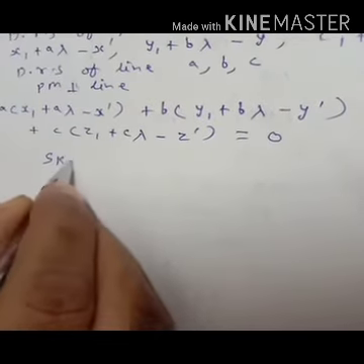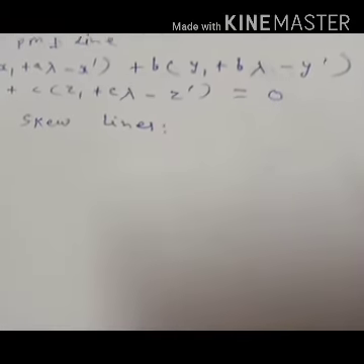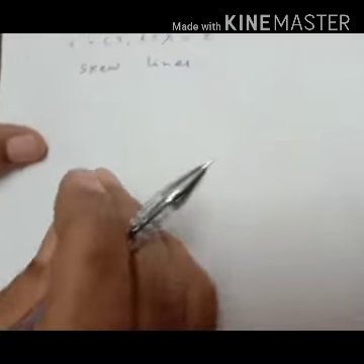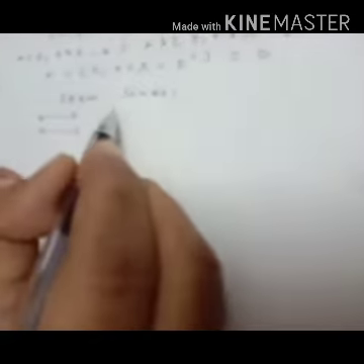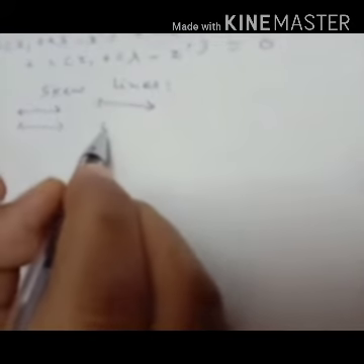Next article, skew lines. In a plane, we have seen that if there are two lines, they are either parallel or intersecting. There is no third possibility.